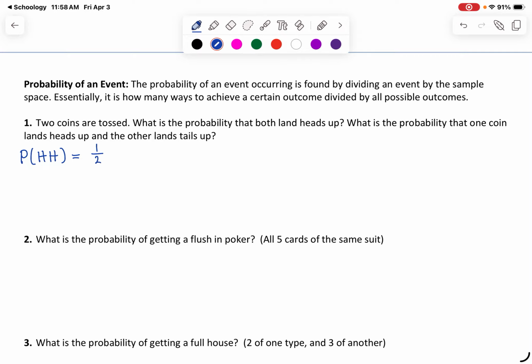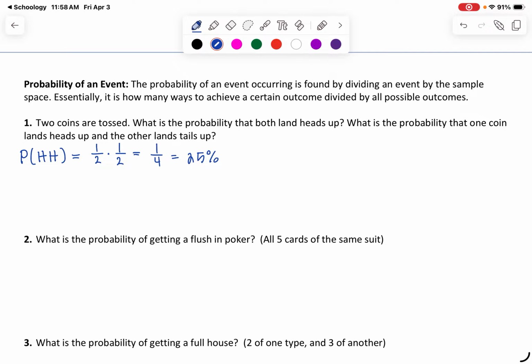You either have heads or tails for the first one, so there's your 2 outcomes, and you want heads for the numerator. That's your event that you want. And same thing for the second one. So the probability of getting heads, heads is 1 out of 4, or 25%.